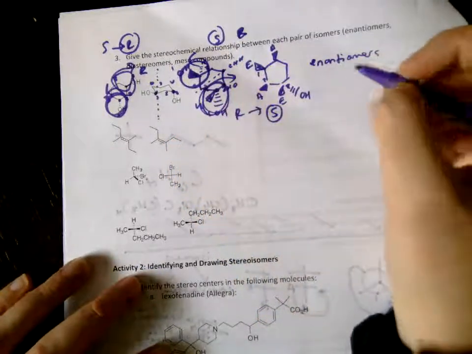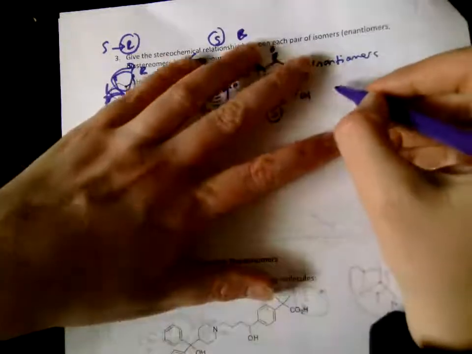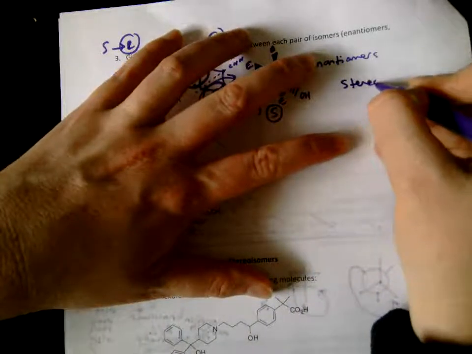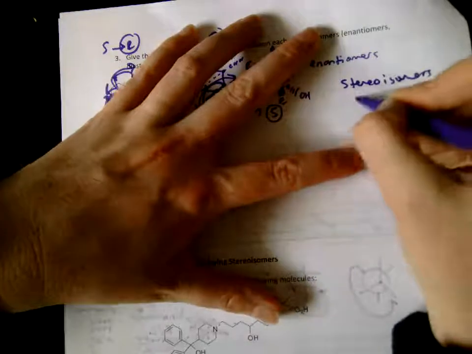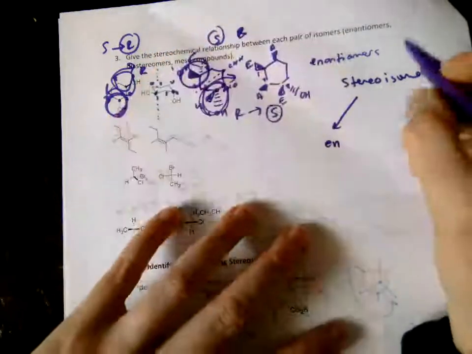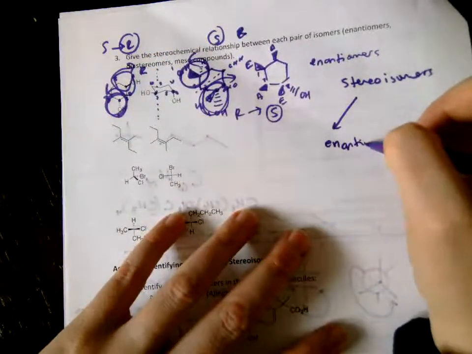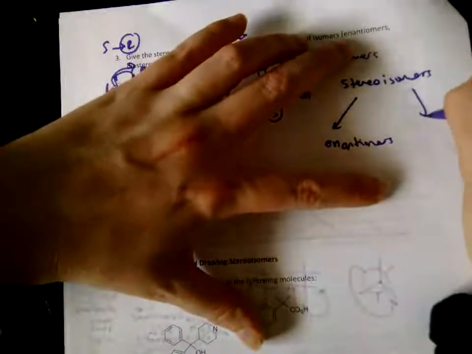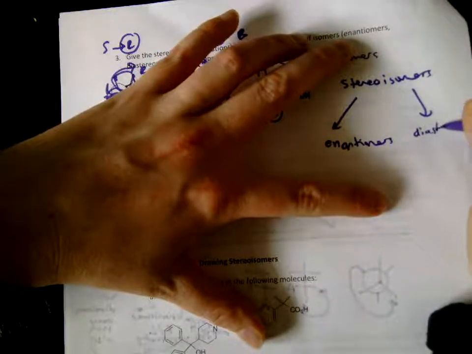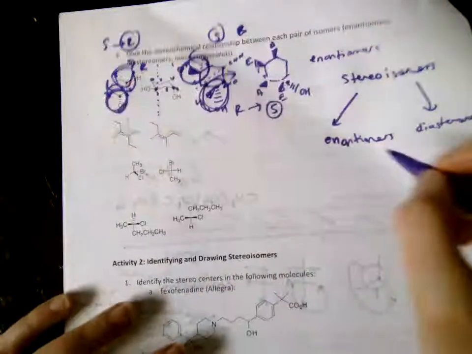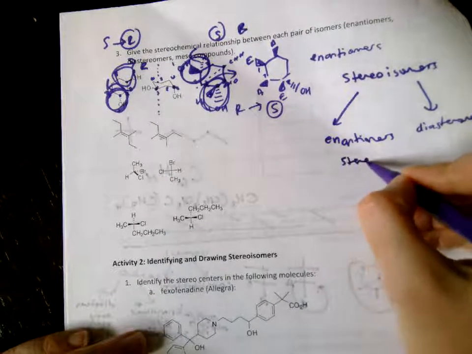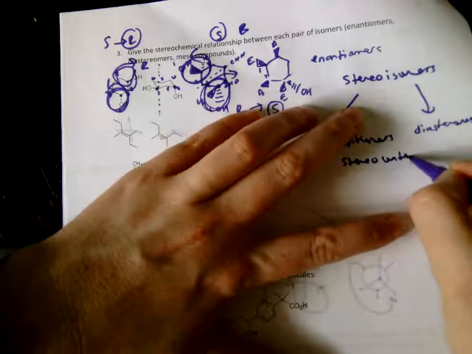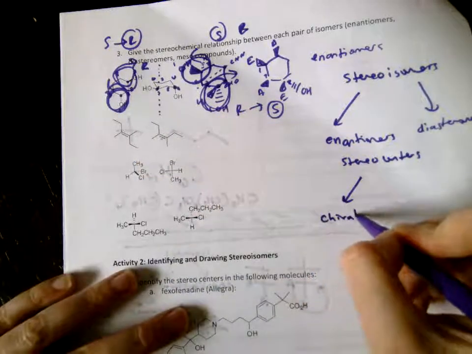Now, there's been some confusion about stereocenters, so I'm going to clarify. There are stereoisomers, and a subset of stereoisomers is enantiomers, right? And then everything else is diastereomers. And similarly, stereocenters have a subset called chiral centers.